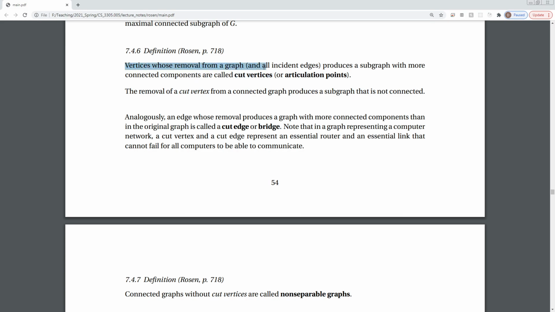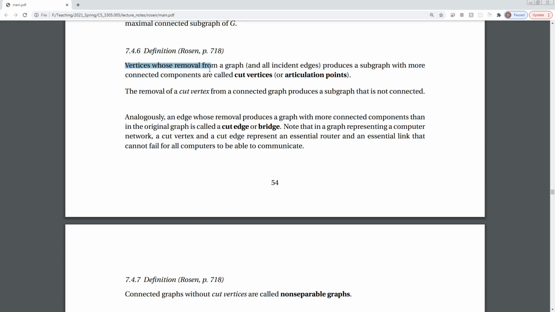So vertices whose removal from a graph, and all incident edges. So if you remove the computer or the router or the switch, you don't necessarily have to remove the cabling, but whenever you're representing it logically, if the vertex is gone, then the edge needs a terminal point, right? So you remove the edges as well as the vertex.